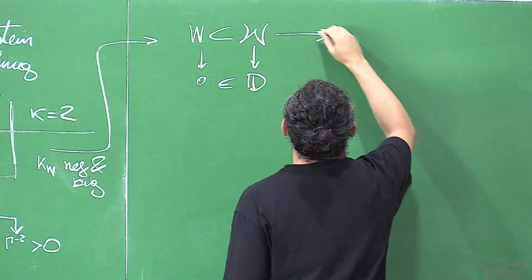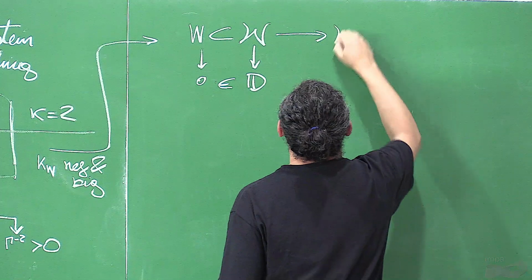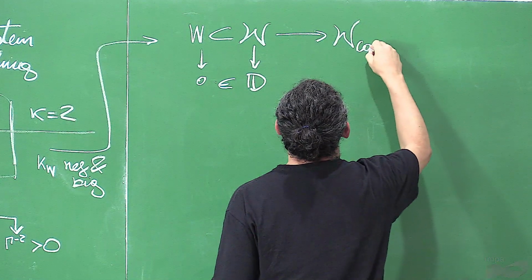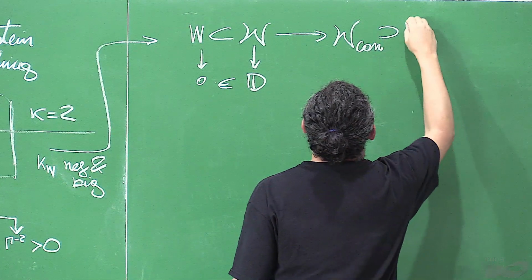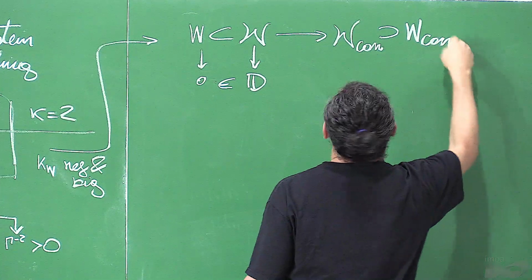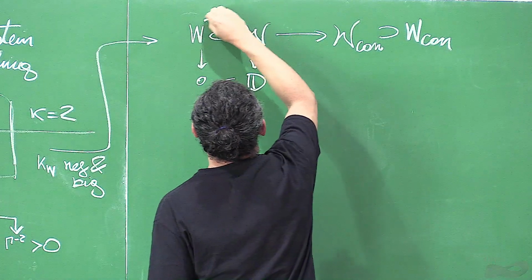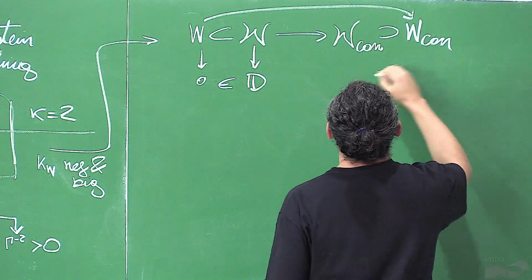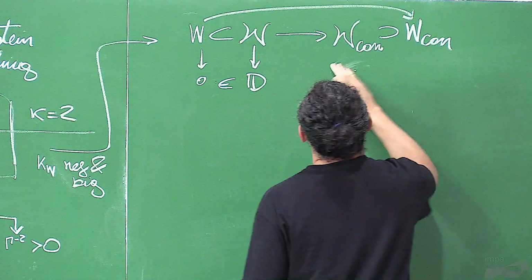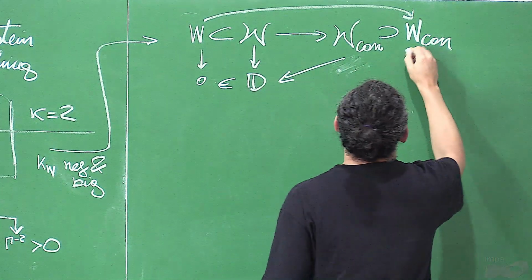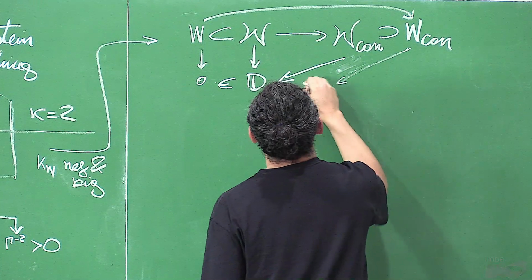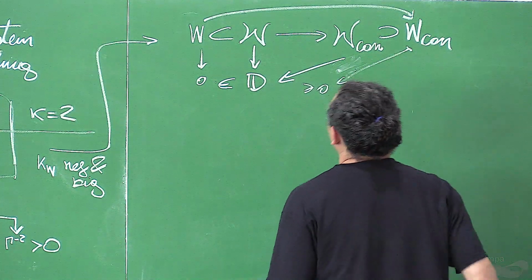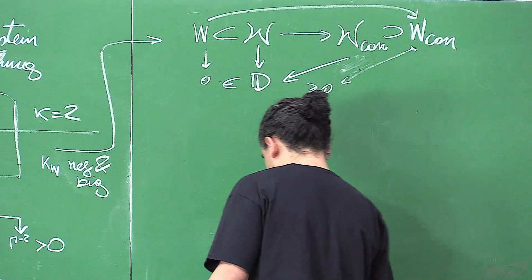So there is a way to go to canonical model here, and you have a deformation W can, and there is a birational map from W to W can, and okay, we have this. Well, this is over that 0 also, and then this.